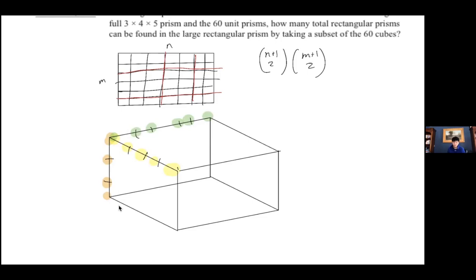If we choose a pair from each of them, we'll be able to, like before, uniquely determine a rectangular prism inside of this larger rectangular prism.